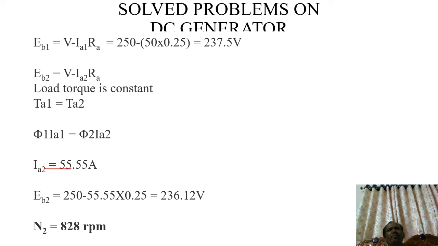The voltage is the same across this, so Ish is equal to V by Rsh. But in this condition, the voltage is divided across the series field winding as well as across the armature winding.